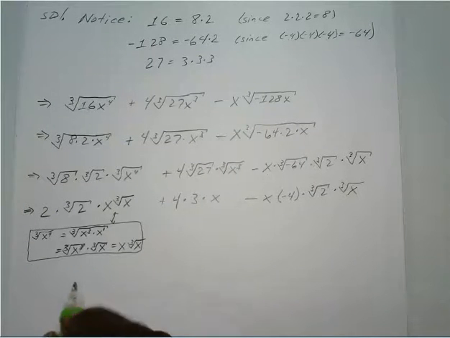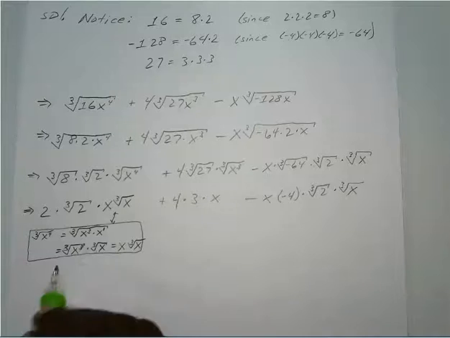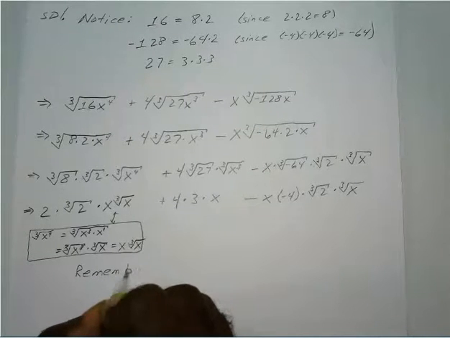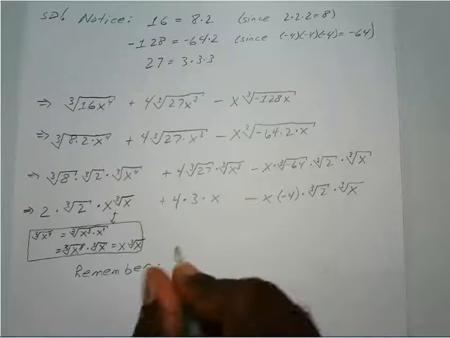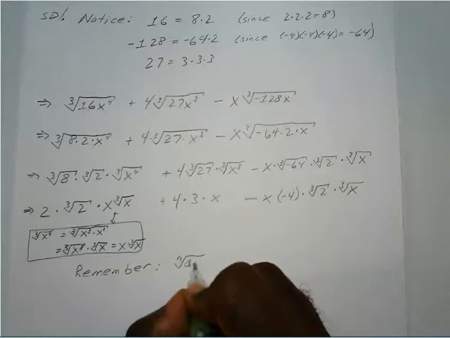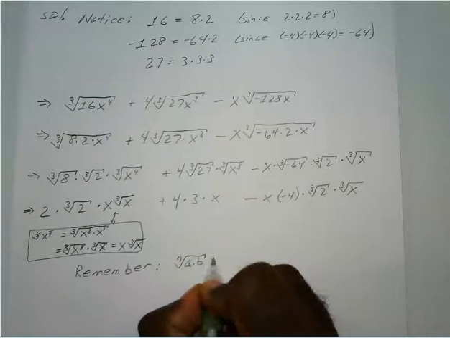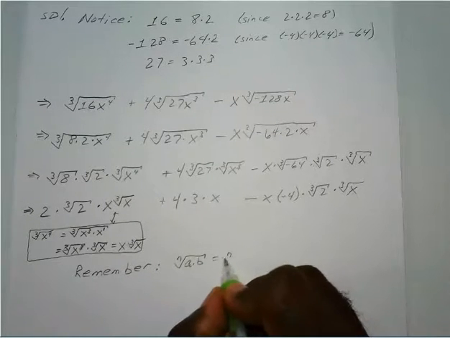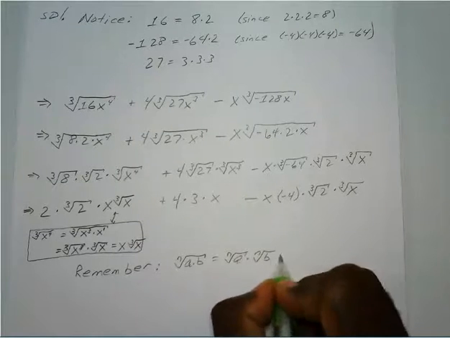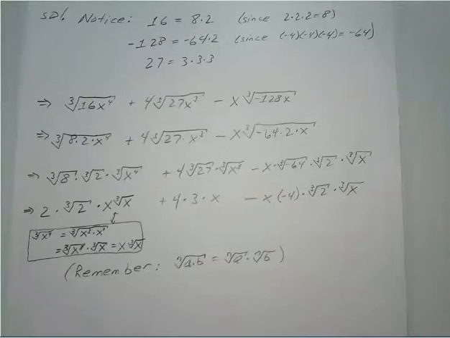Okay, now if you remember, the nth root of a times b is equal to the nth root of a times the nth root of b. Okay, we've used that over and over again.